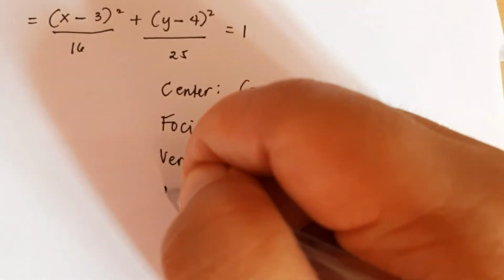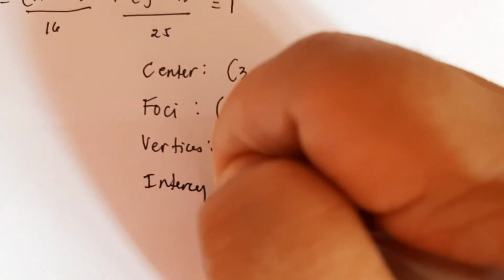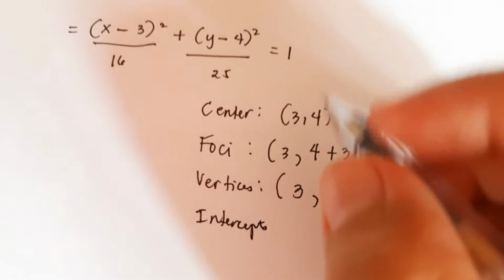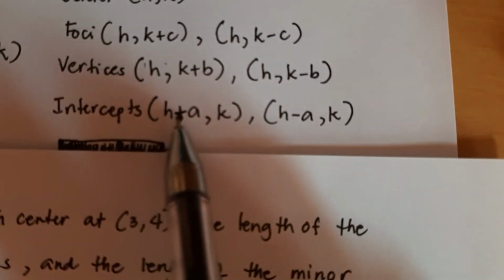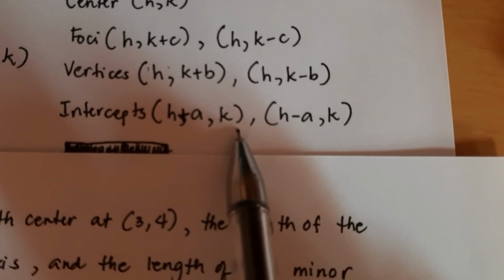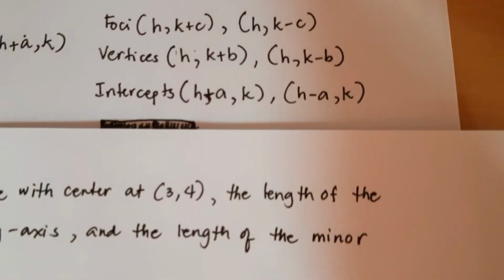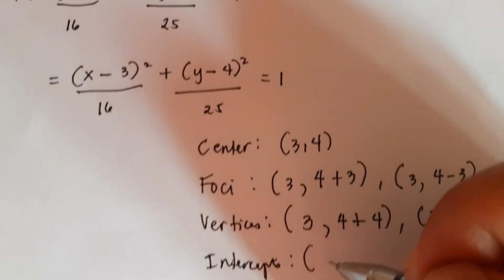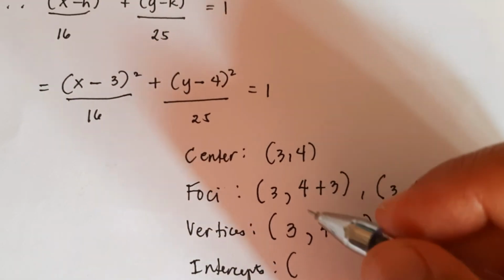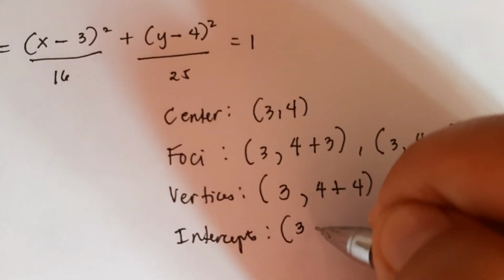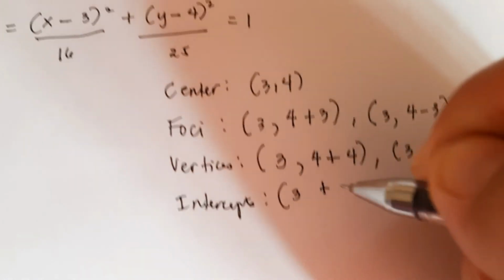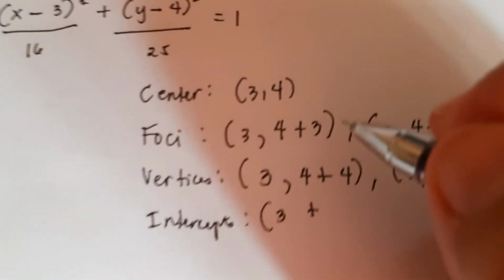And then, ang intercepts natin ay (h plus b, k) and (h minus b, k). So, you have h. Ang h natin ay 3 plus, ano bang b natin?